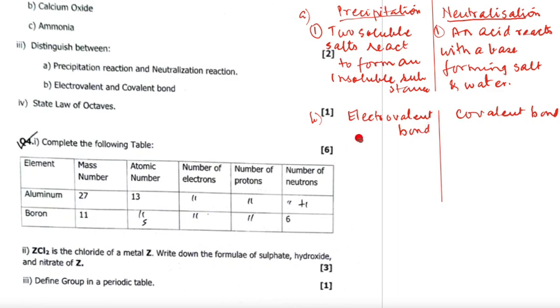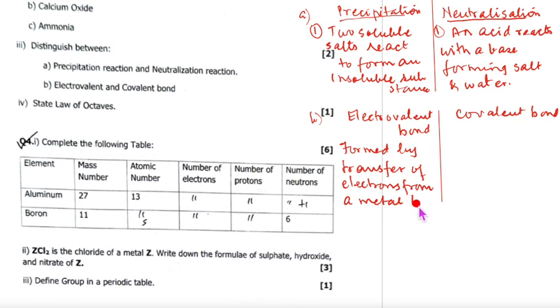So basically you could just write the definition of this: an electrovalent bond is formed by transfer of electrons from a metal to a non-metal.